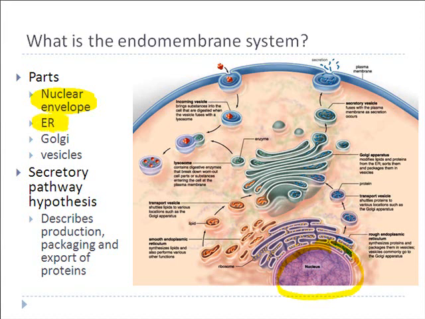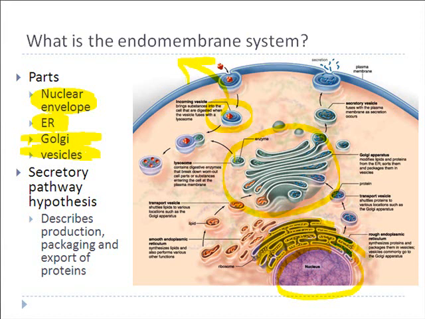Something called the endoplasmic reticulum, which is a series of flattened membranes that you're going to learn about shortly. Another group of flattened membranes called the Golgi apparatus. And finally, a number of vesicles that allow for the export of proteins out of the cell once they are manufactured.